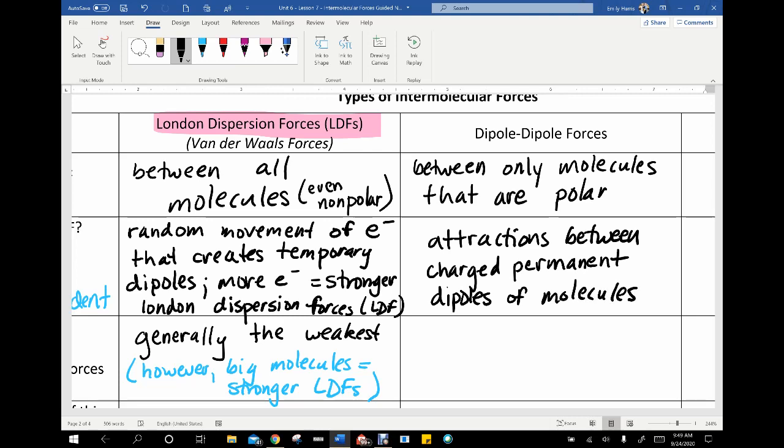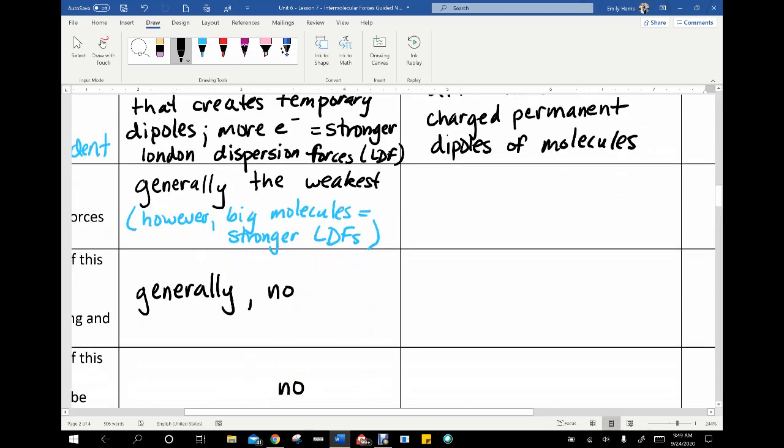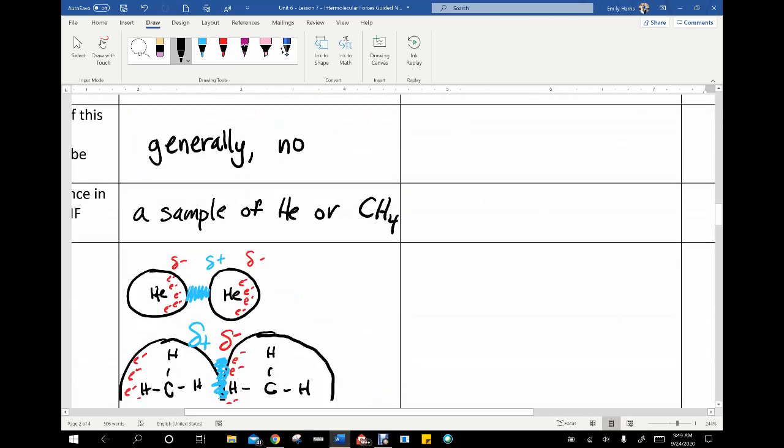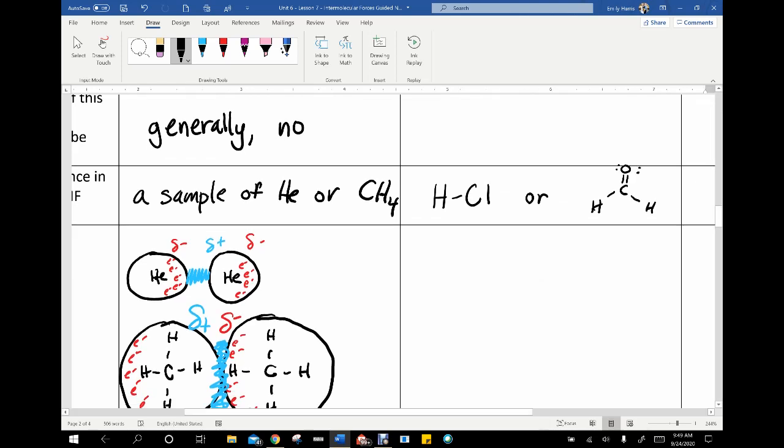And so just to illustrate what this means right quick, let's go down and do our diagram. So an example of where you might see some dipole forces is with a sample of HCl or H2CO. Now let's look at both of these molecules.